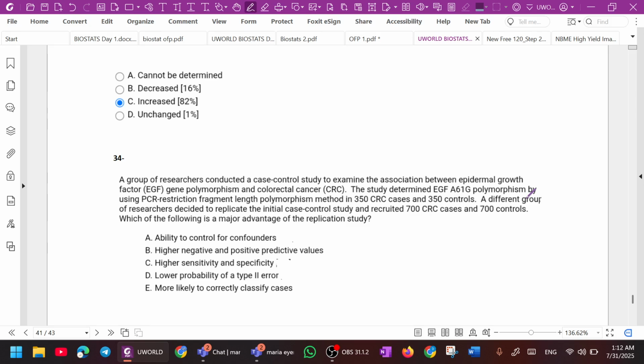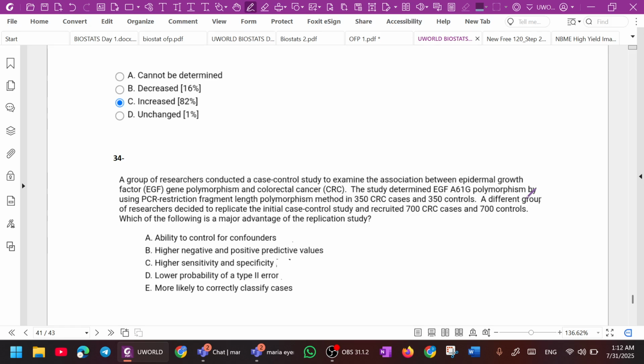So if we recruit more and more people, it will increase the power and it will decrease this. Yep, you're right. I get what you're saying, D. Okay, I'm with you on D. Let's check. It is D.